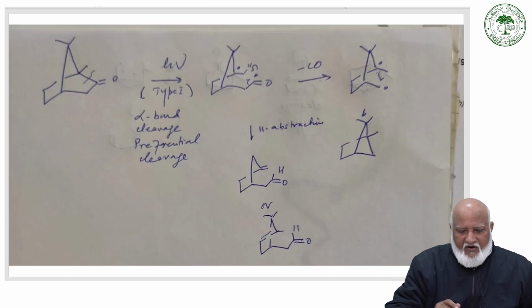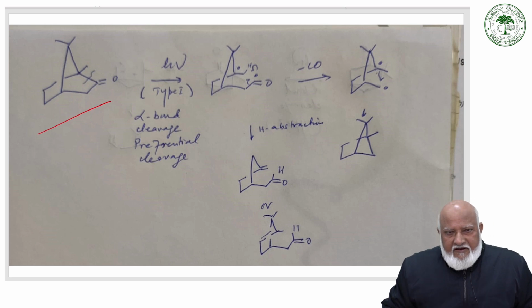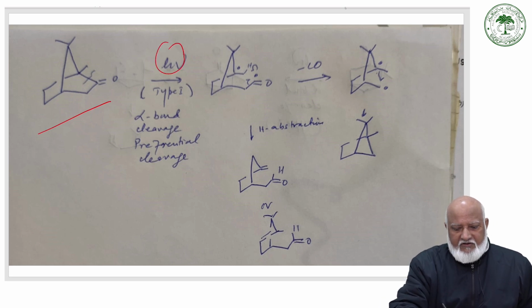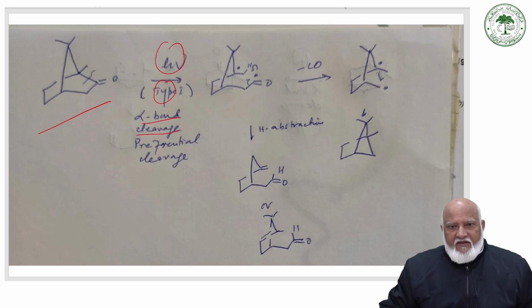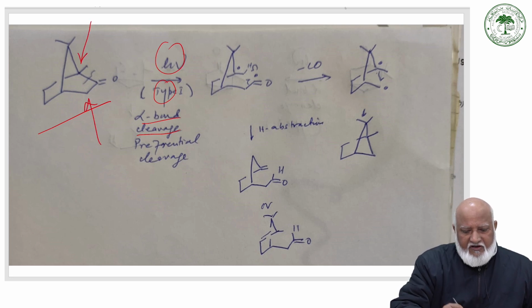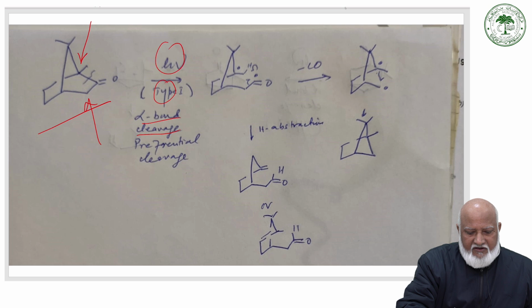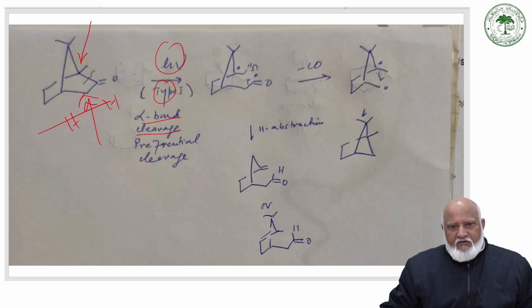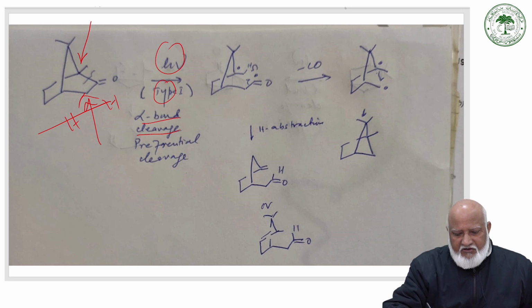Say, for example, this is the one, and under photolytic condition it is going to undergo type 1 reaction. Type 1 reaction is nothing but alpha bond cleavage, and when the alpha carbon is substituted, you can see here this alpha carbon is substituted with a methyl group. This alpha carbon is unsubstituted, there are 2 hydrogens on this carbon, and hence there is going to be a preferential cleavage to give a tertiary radical.